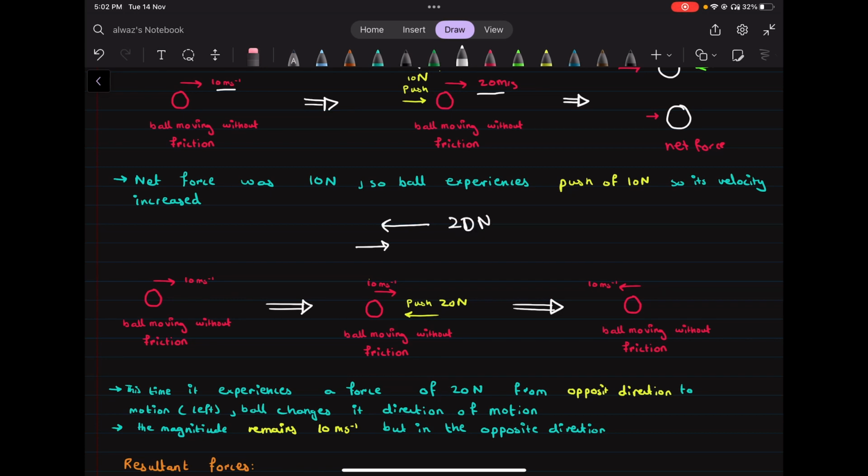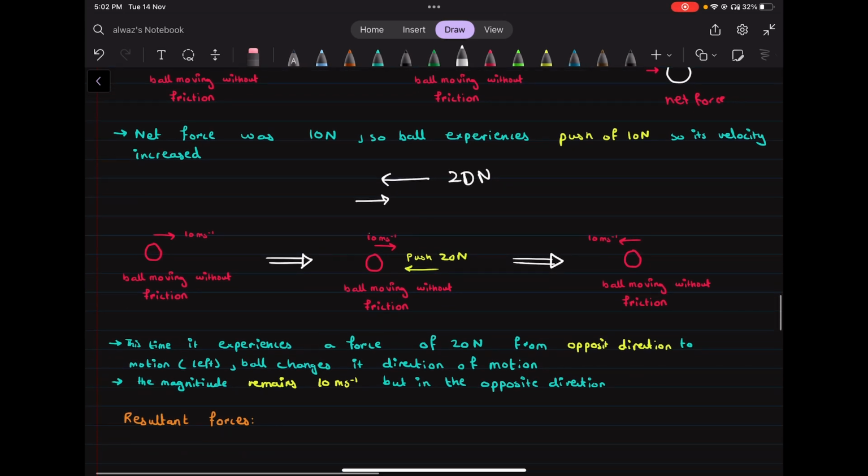When we push it towards the left with a force of 20 newtons, we see that in the end, our ball starts moving towards the left with the speed of 10 meters per second. So the force and its direction completely changed the motion of the ball. This time it experiences a force of 20 newtons from the opposite direction to the motion. So the ball changes its direction of motion. The magnitude remains 10 but in the opposite direction.